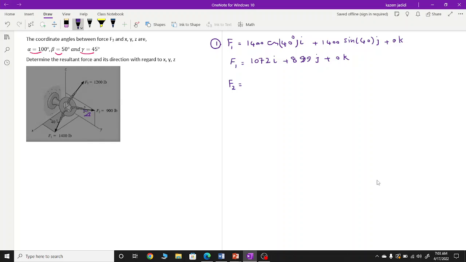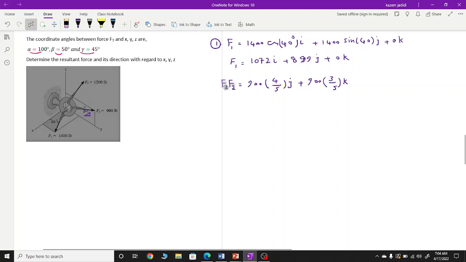Therefore, F2 is going to be 900 times, parallel with y is 4, therefore 4 over 5, in j direction, and 900 times 3, which is parallel with z, over 5 in k direction, and we didn't have any x.